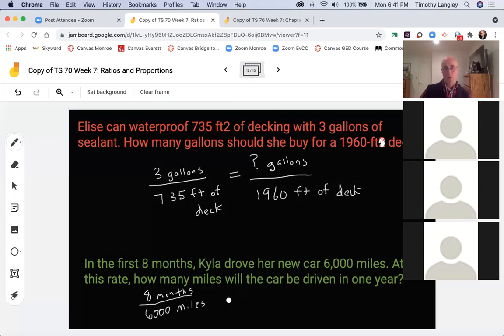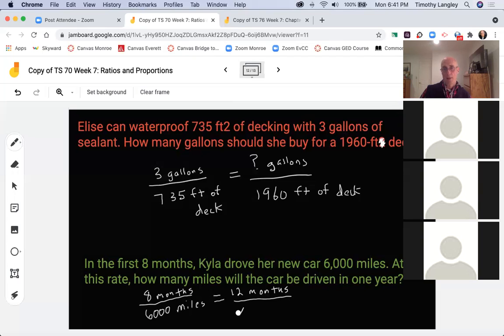Okay, so in 1 year, it spells out the months. That's 1 year is 12 months. I chose 12 months because I want to keep the same unit of measurement. Since they're measuring in 8 months here, I know that a year is 12 months. How many miles will be driven?